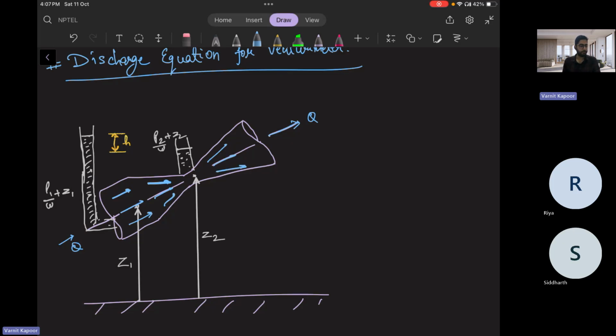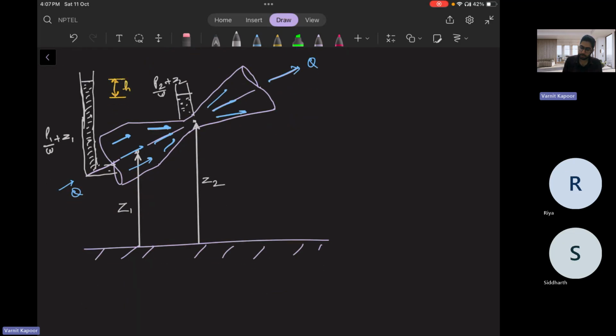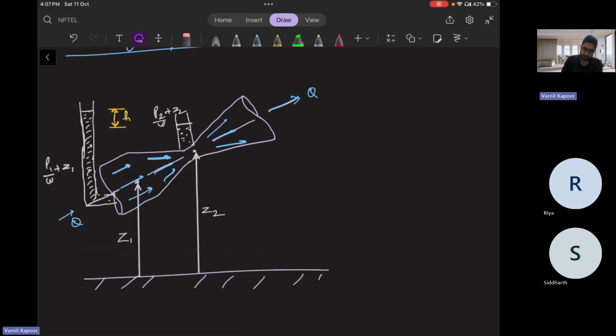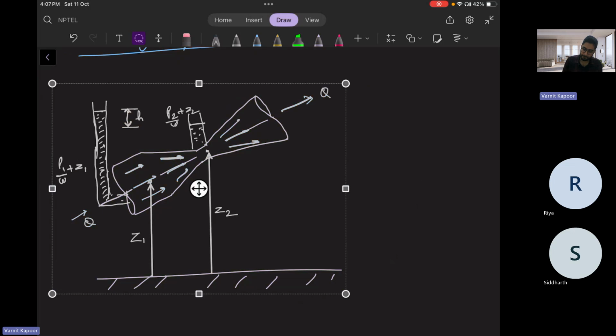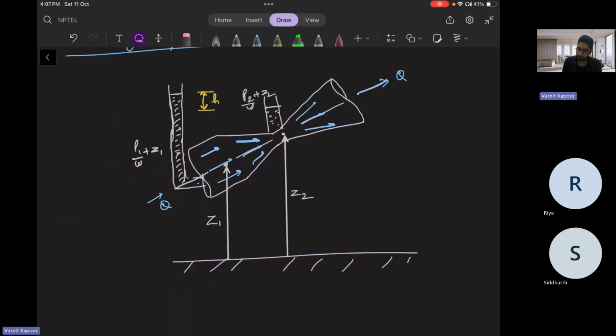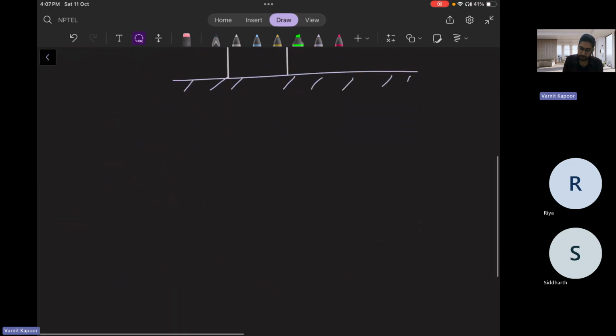Then divergent. So if we apply the Bernoulli equation between point 1 and point 2, what will happen? Let me make this to the center.